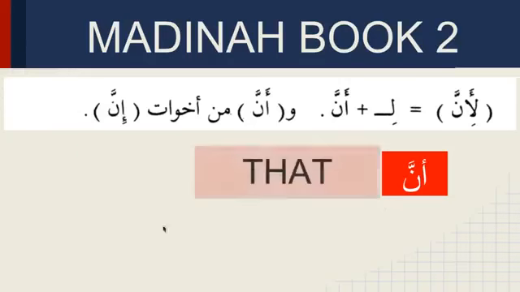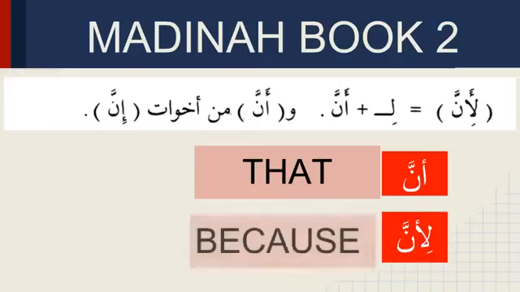Inna means that, anna means that, and when we add harf li, it becomes li'anna. So what does li'anna mean? Li'anna means because. So we don't say li'anna is akhawatu inna, it's just anna that is from akhawatu inna. So again here you are looking for ism and khabar, and like inna, the 14 pronouns can be attached to it, like innahu, innahuma.